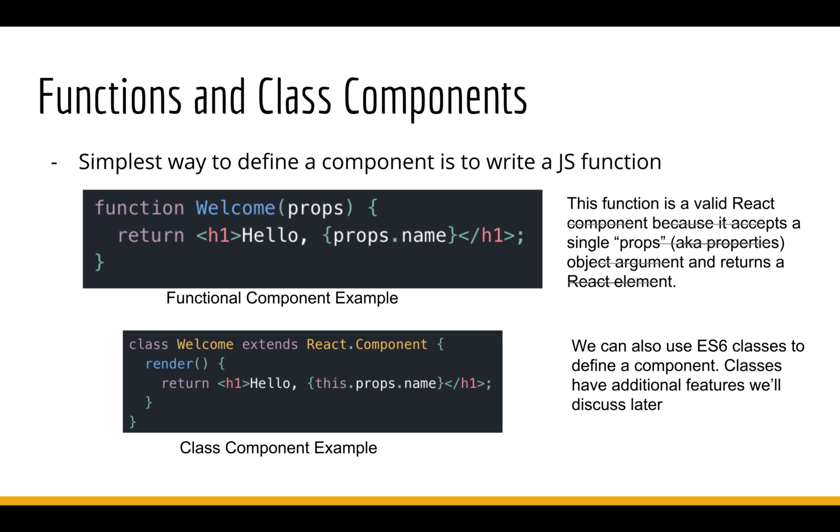So the first thing to note is there's actually two ways of rendering components, or creating components actually. The simplest way is to use something we call a functional component. And you can see here this is literally just a function that is returning JSX. So this is very, very simple. It's not a lot of logic going on here.